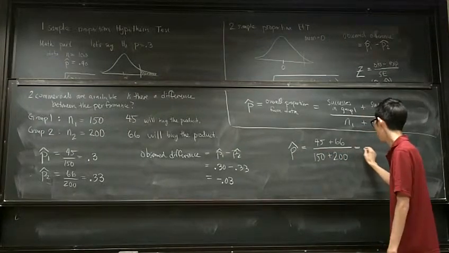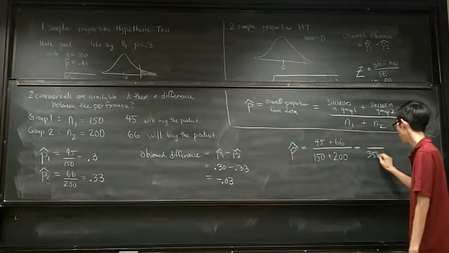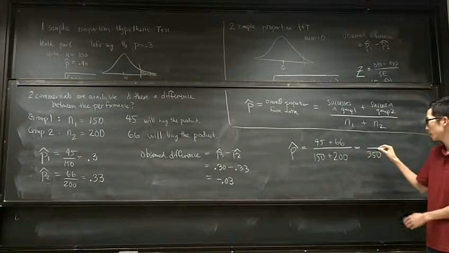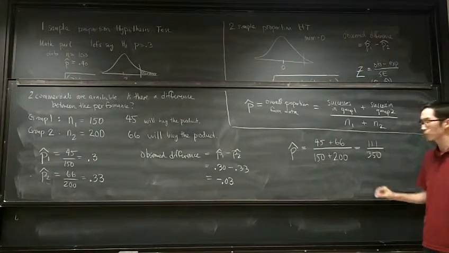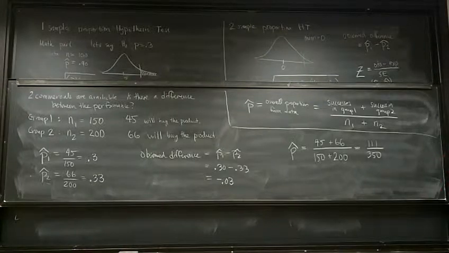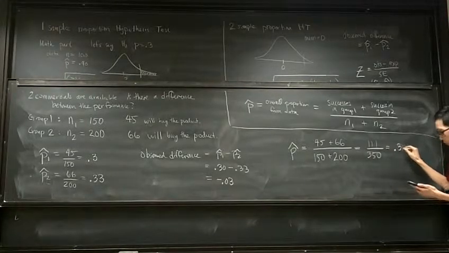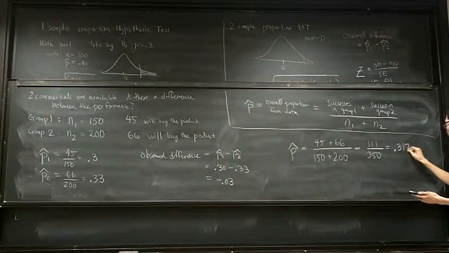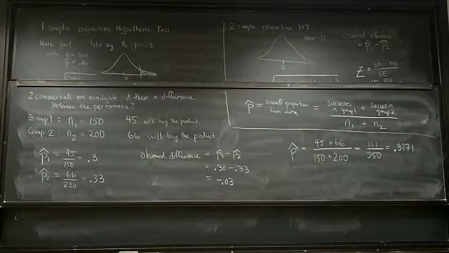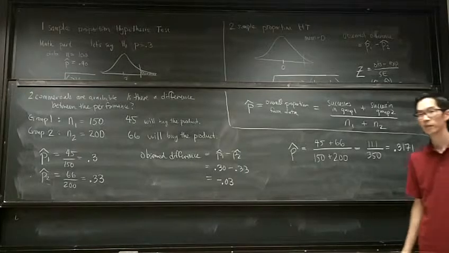So overall, a total of 350 people saw the commercials, and a total of 111 people said they liked the product. So my overall proportion is 0.3171. Okay, so overall, 0.3171 like the product.